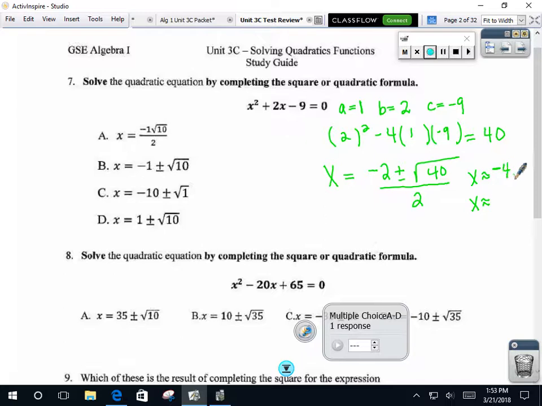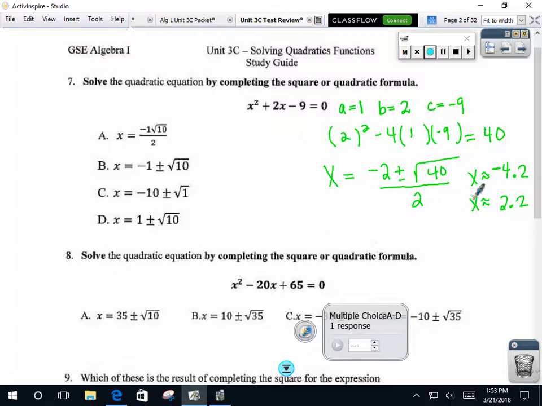Right, because it's like negative 4.16 and then 2.16. So that's 2.2. Everybody agrees with those?